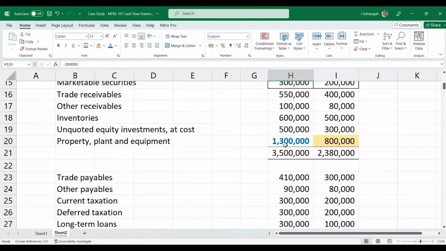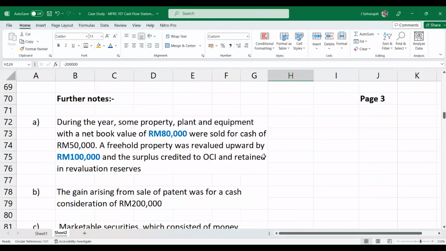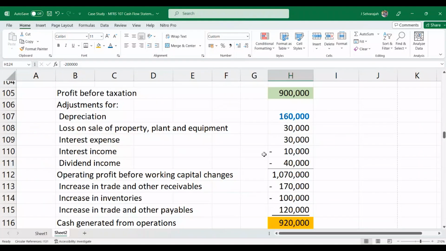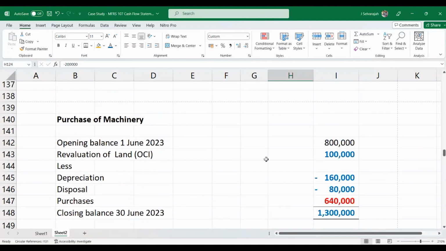Right, property, plant, equipment, the balance is 1.3 million at the end of the year. You see, they never gave you how much was purchased. The opening balance of the machinery given was 800,000. You revalued land, other comprehensive income, 100,000.